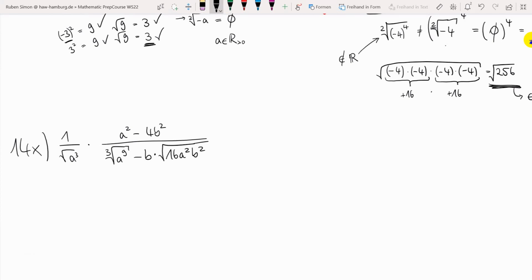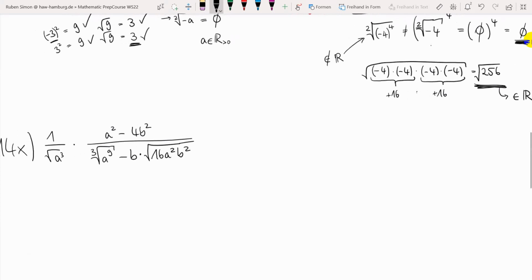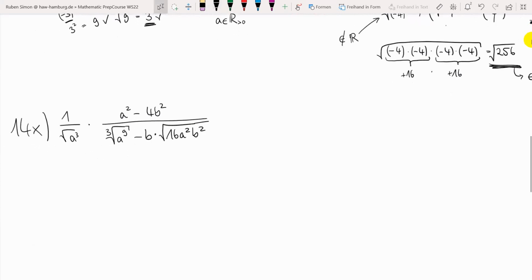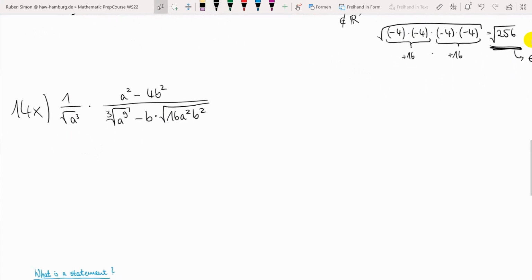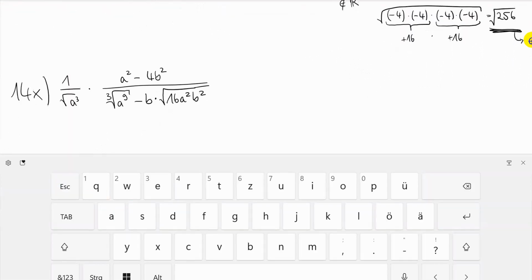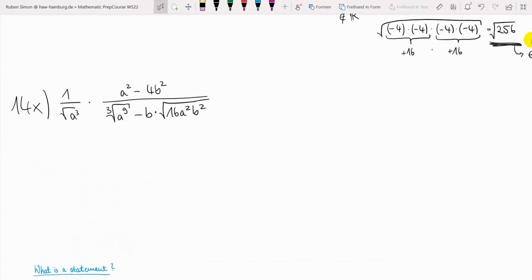Okay, maybe this is a good chance to draw your attention again to another very important topic, which is the order of operations in general. Because in this case, I could imagine that some of you have problems figuring out the right order.